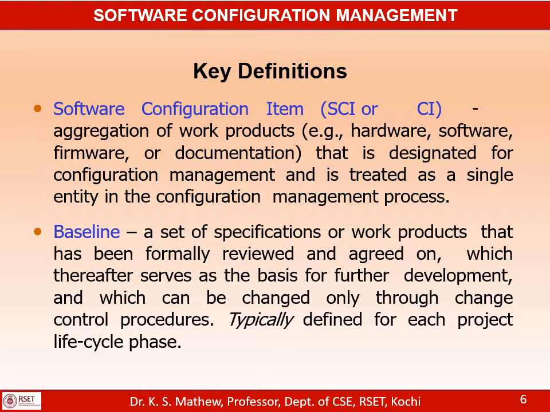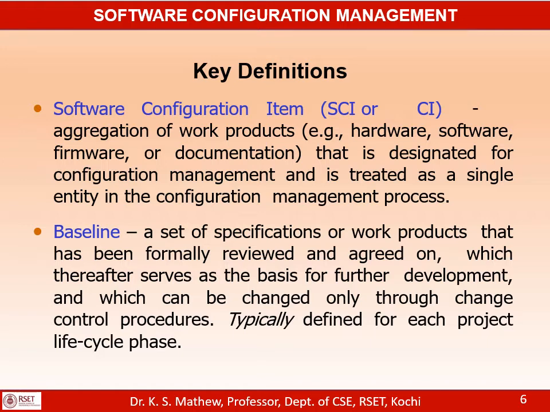So we need to identify what are the work products that are likely to change during the project, and that is normally called a software configuration item, or in short, configuration item. So each and every work product that is likely to change during the project is treated as a configuration item and is put under configuration control.